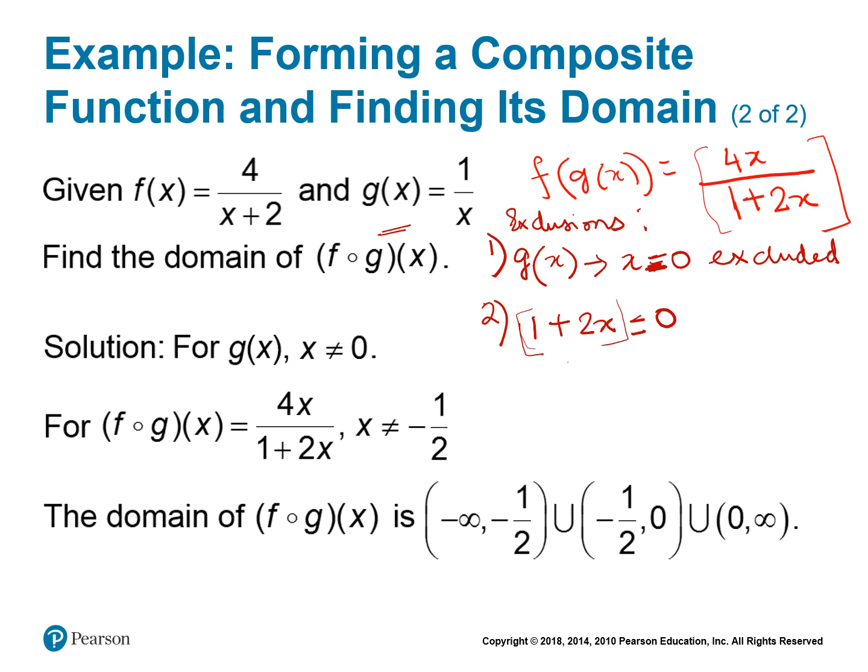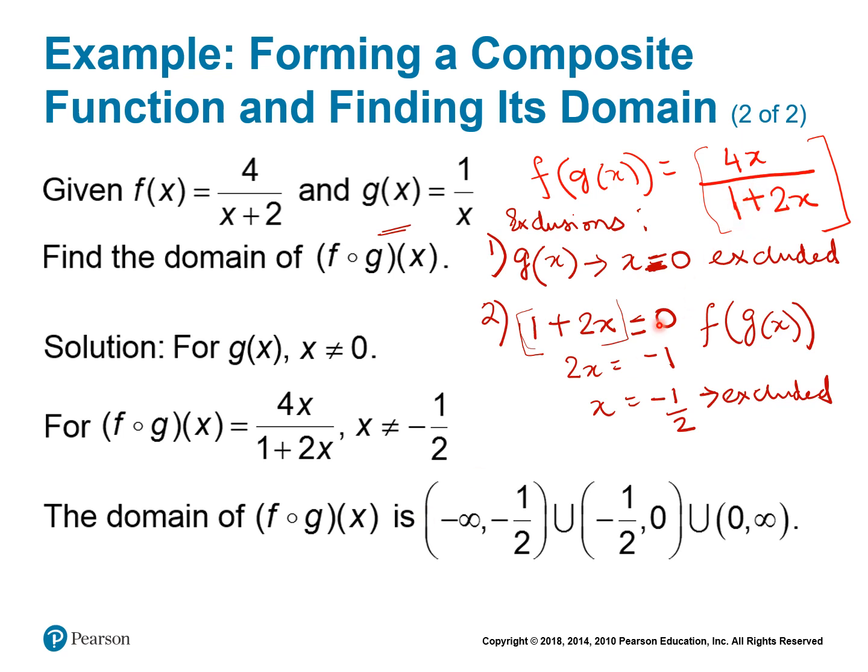Step by step, 2x equals -1, so x will be -1/2. So that's going to be the excluded value. Again, this is the excluded value from which function? From the f of g of x function, the newly formed function here.